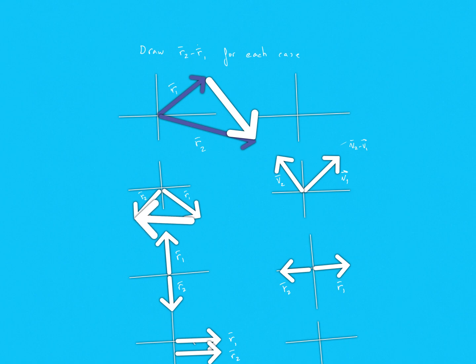What is here V2 minus V1? V2 is here, V1 is here. V2 minus V1 is the vector that goes from the head of V1 to the head of V2. So it will be this vector.